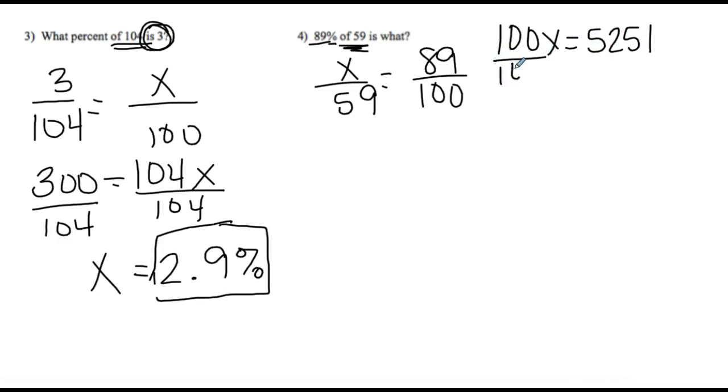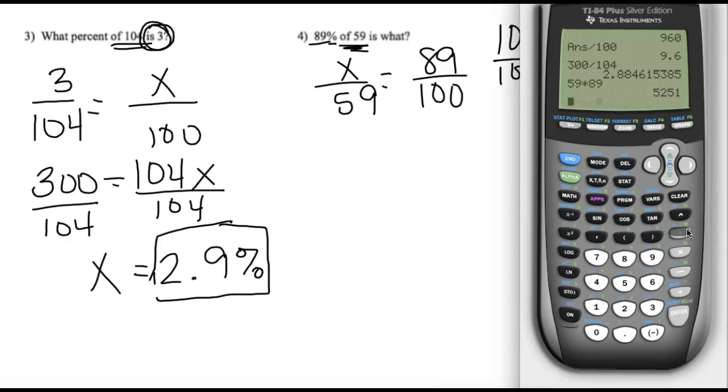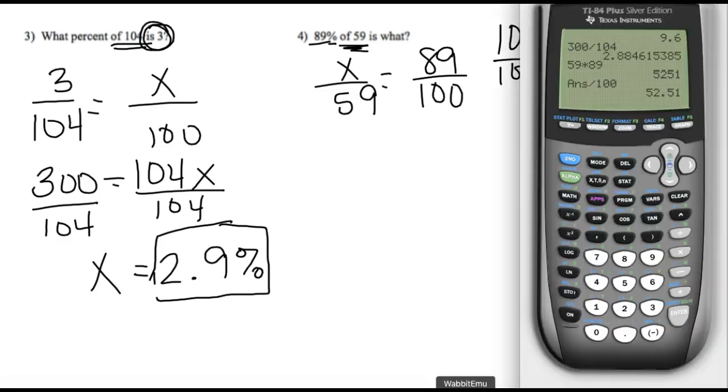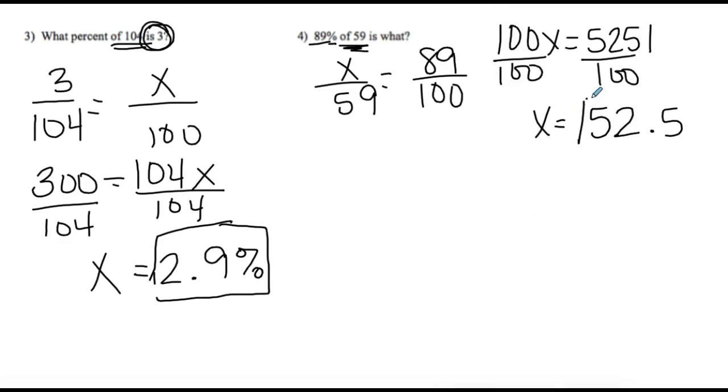When I divide by 100, I get 52.51. So if x is 52.51, that would be 52.5, because the 1 makes it stay the same.